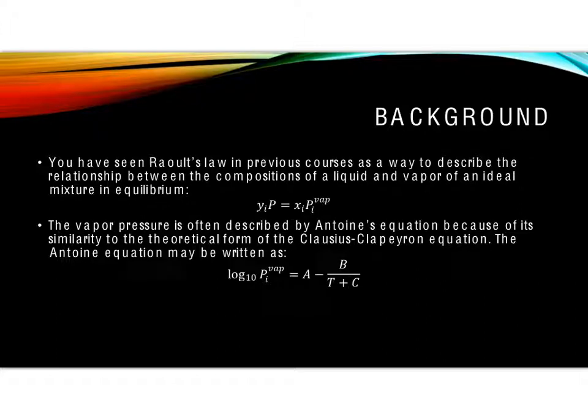Now this is only going to work when the liquid is mostly pure. It does not apply for the substance that would be very dilute in that, and then we get Henry's law. That's okay, we're not going to need Henry's law for today. We just need this. That vapor pressure, we can describe it a lot of different ways.